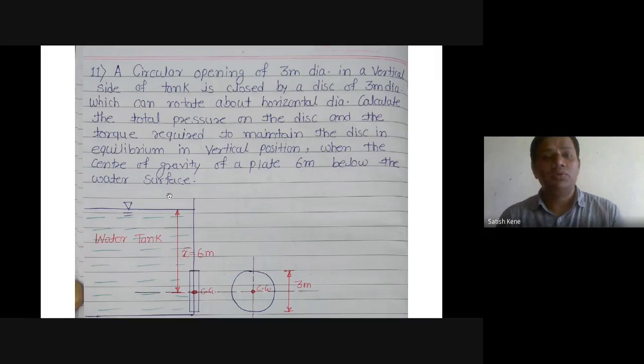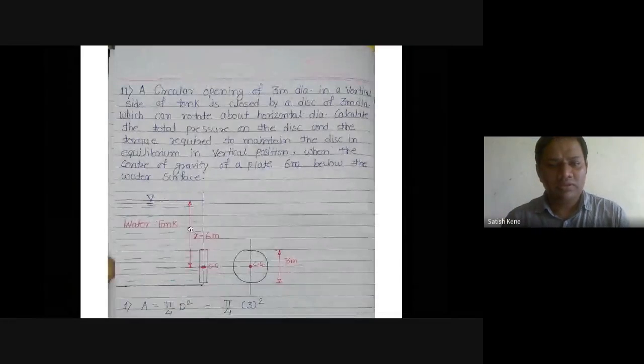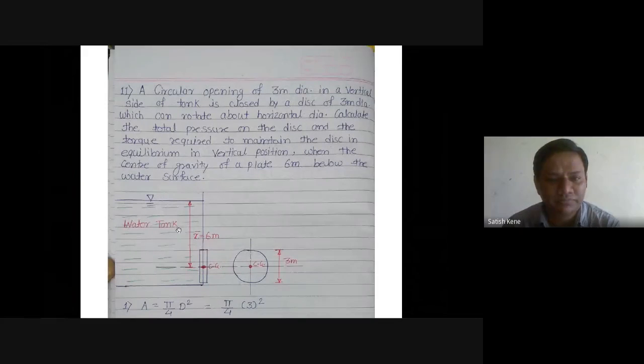Okay, so for this given numerical, this is the diagram. I am taking one water tank here and a circular opening here. So this is the diameter of the circle, that is 3 meter. We will see the diagram with the help of this statement.